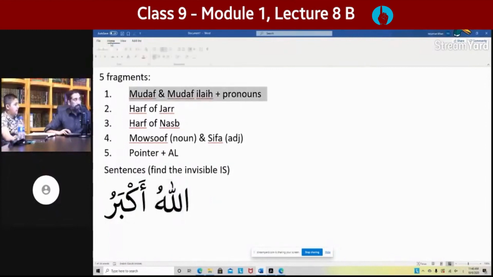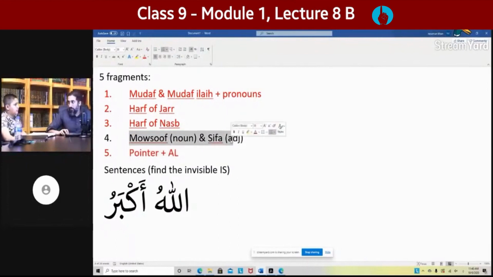It's not a harf of jar because there's no harf of jar here. It's not a harf of nasab because there's no harf of nasab here. It's not a pointer with al because there's no hada or hadihi or dhalika or tilka here. The only possibility maybe is noun adjective. But the only way for me to tell noun adjective is if I check how many properties match? Four properties.